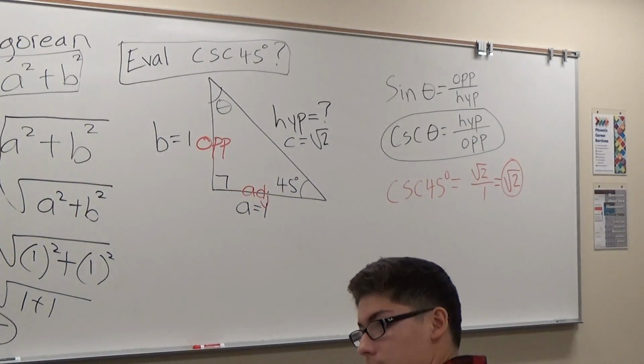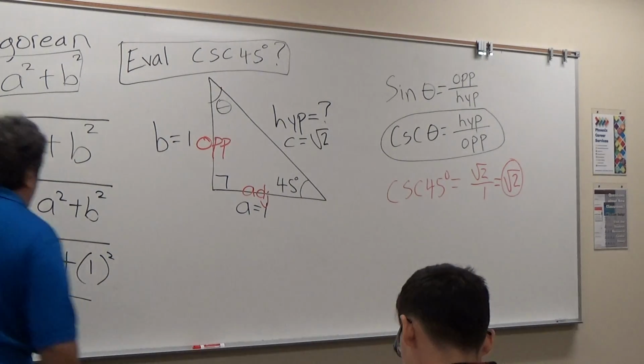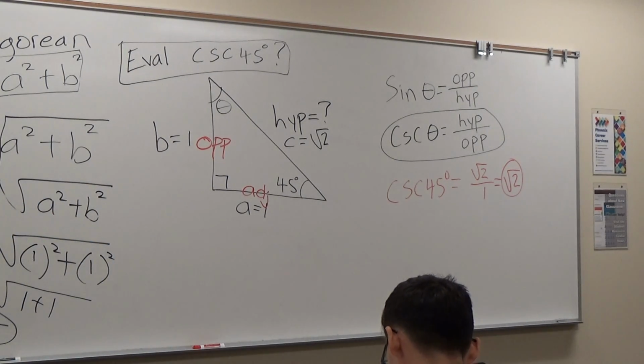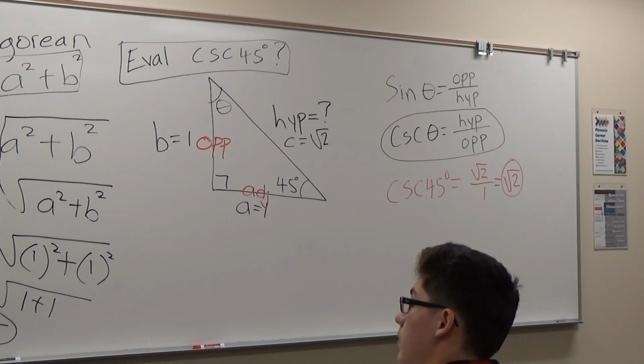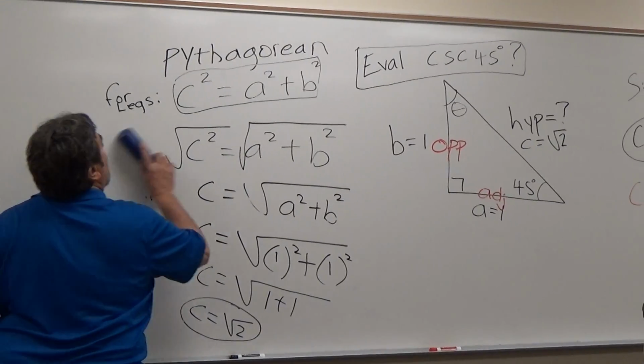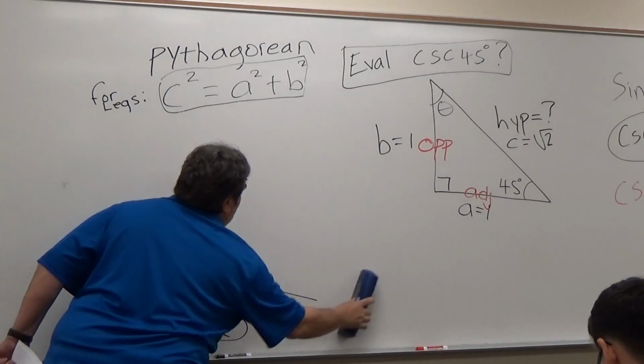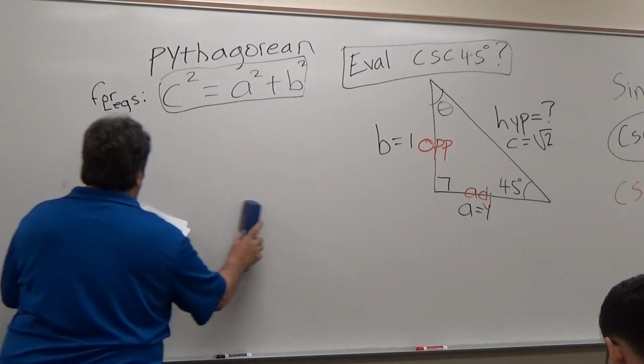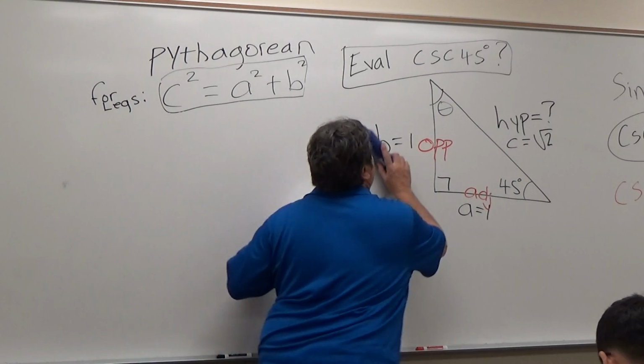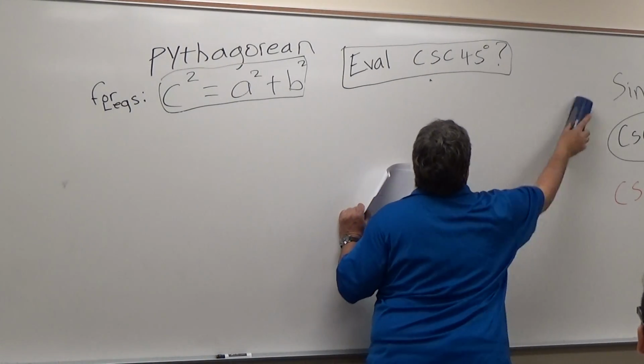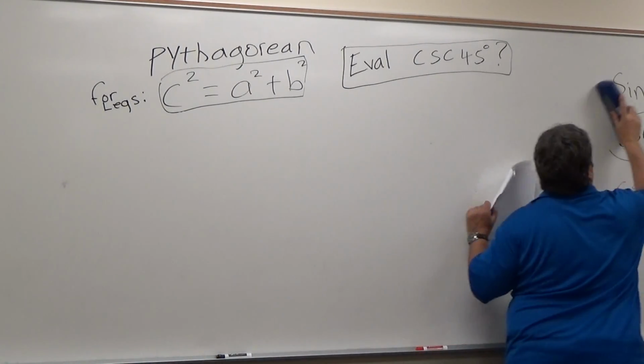Okay, next problem. All right, now on the next problem, they're going to give you the sine of an angle and they're going to give you the cosine of the same angle. Okay? So in this problem, they're asking you to find a tangent. Let's go ahead and see what they're giving us here.